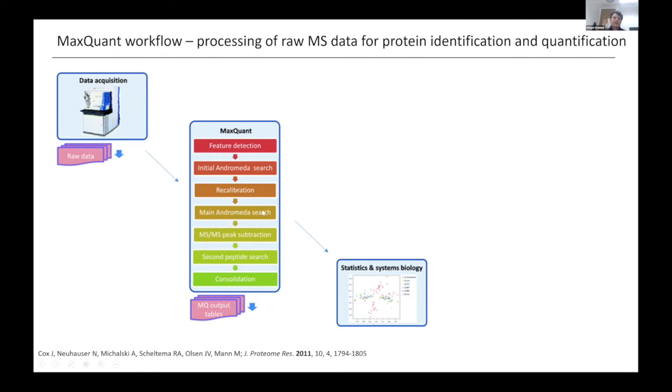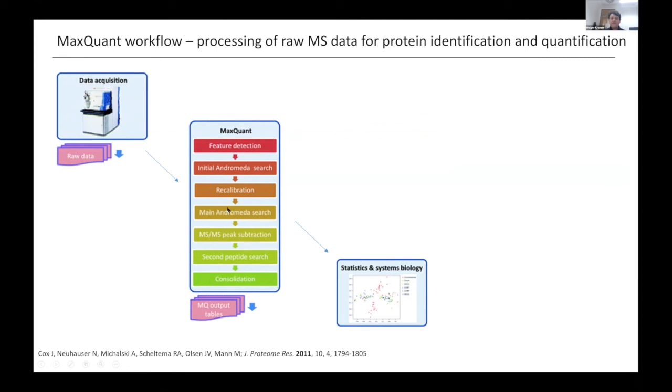This is then followed by the main Andromeda search. So Andromeda is essentially the search algorithm incorporated into the MaxQuant software and is equivalent to the MASCOT search algorithm, but it was standalone, and it's licensed software. Essentially now we're trying to match sequences to as many of the MS fragmentation spectra as possible that were generated in this experiment.